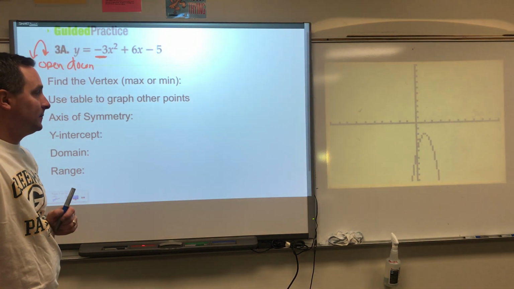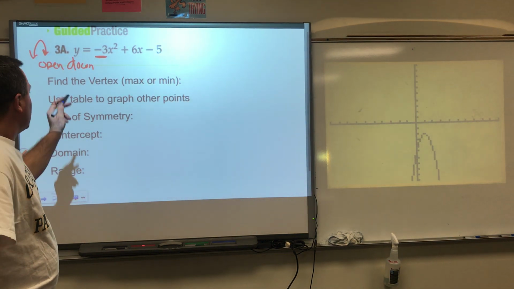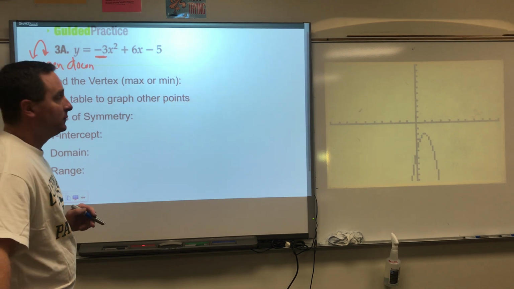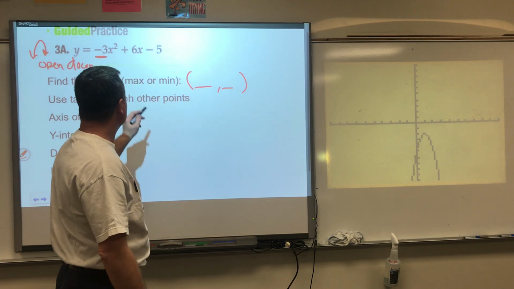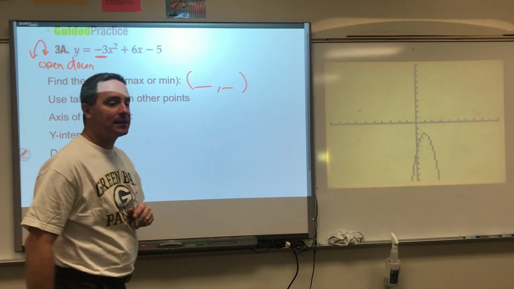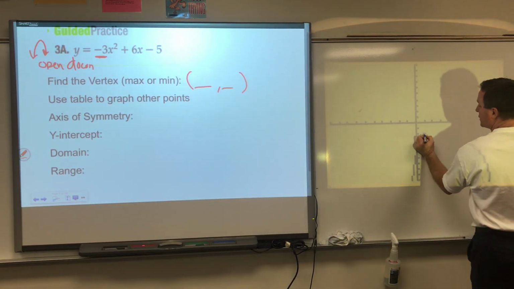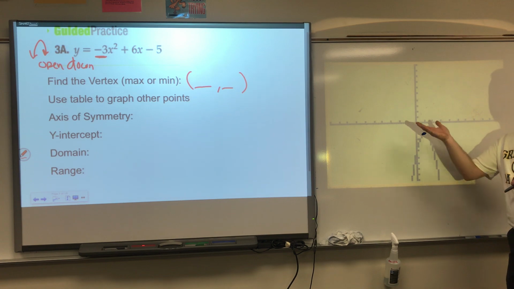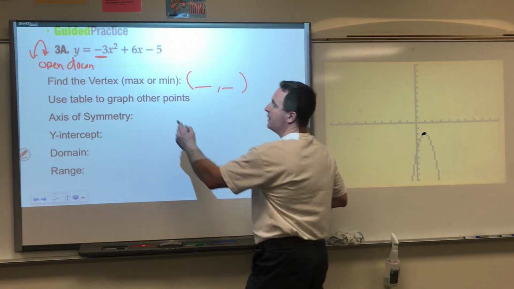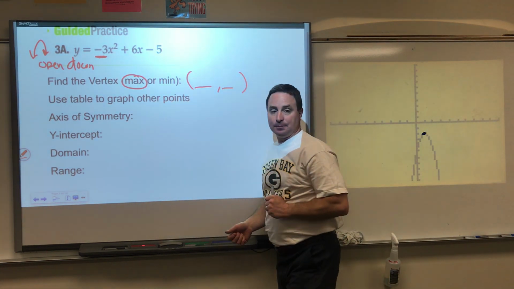Sure does. So if I want to find the vertex here, and I'm going to use my calculator to help me do that, I need to know, does it have a maximum or a minimum? I know the vertex is located right here, but ask yourself, is that the high point or the low point of the graph? That's the highest point on the graph, so in this case, this one has a maximum.